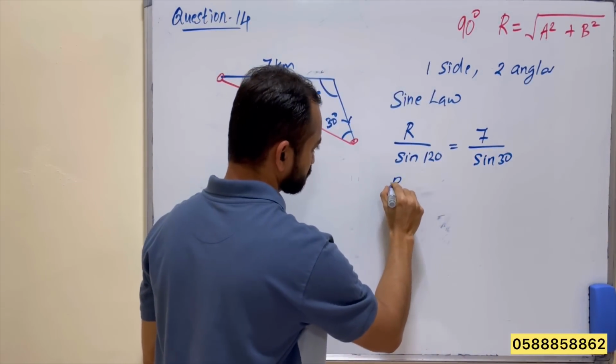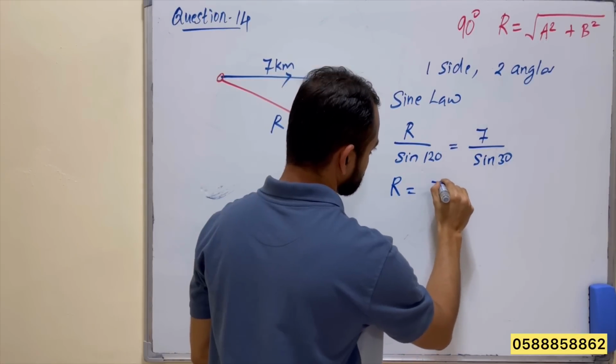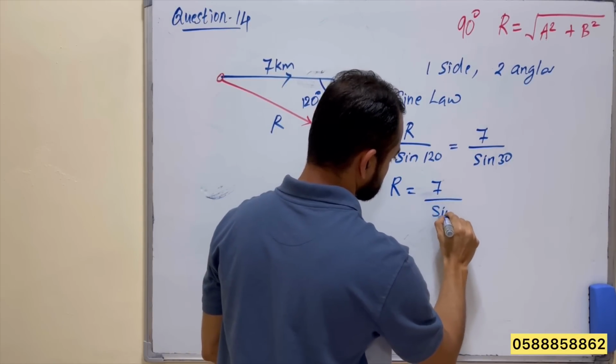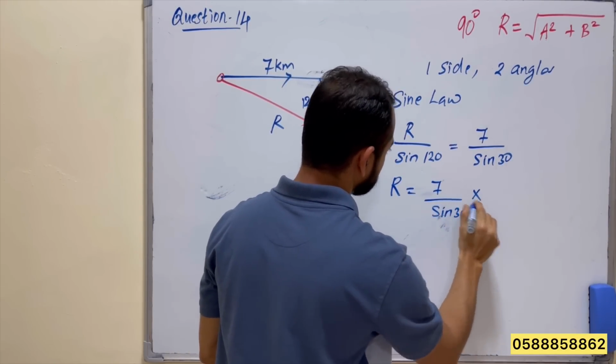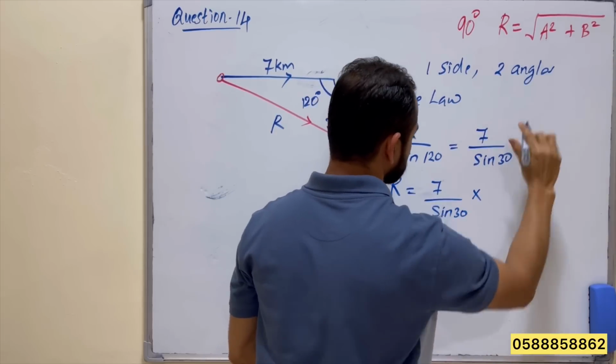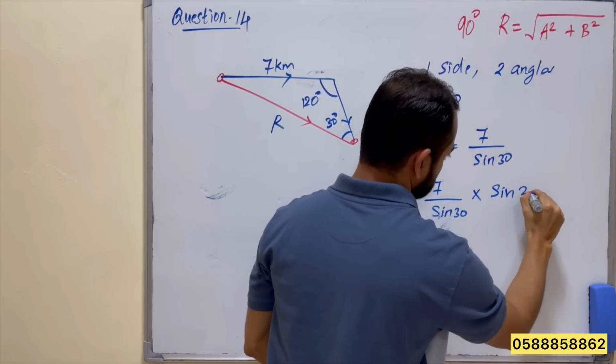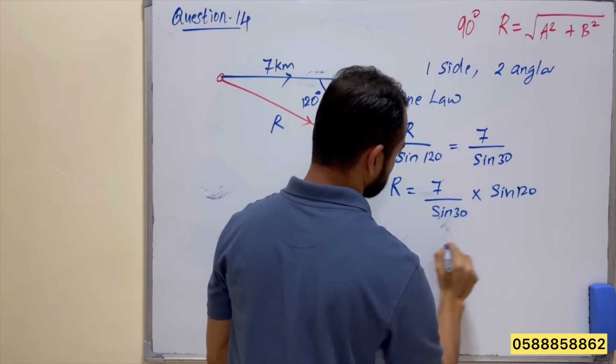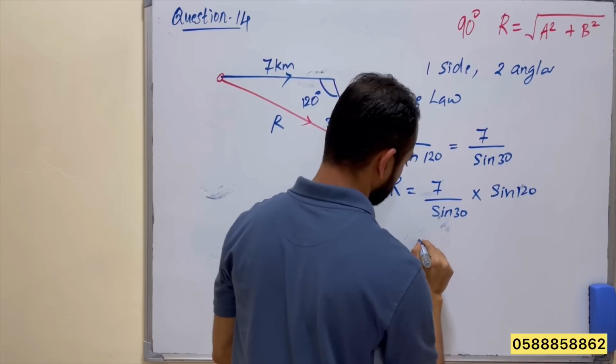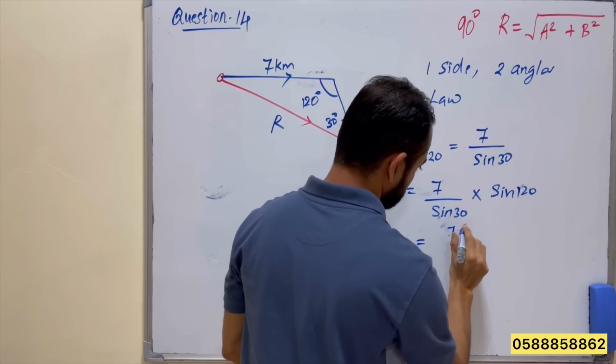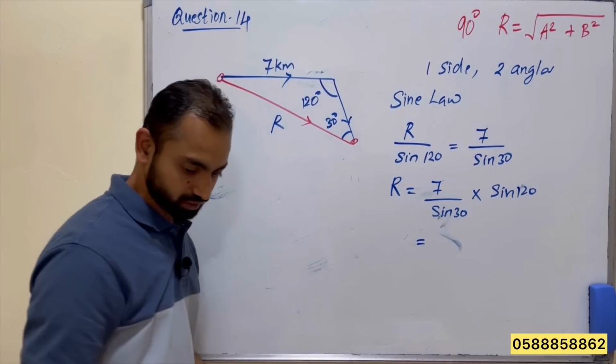So what is r? r is equal to 7 divided by sine 30 multiplied by sine 120. We will calculate and write the final answer.